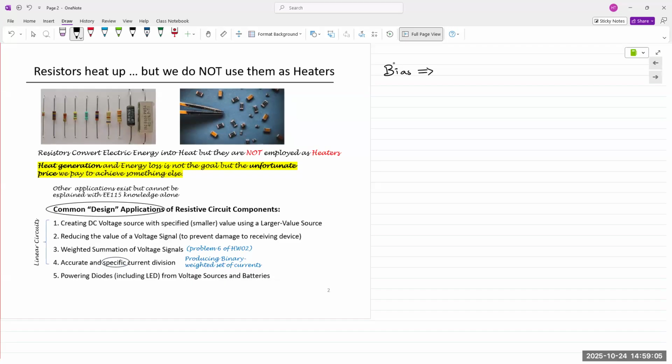It opposes the flow of current, and that opposition results in the conversion of electrical energy into thermal energy, meaning heat. And you can use it to cook, to iron your clothes, to dry your hair, to heat up your space heaters. So that's a place where we actually use the resistive portion and the byproduct of heat. Those are the places where it is actually desirable.